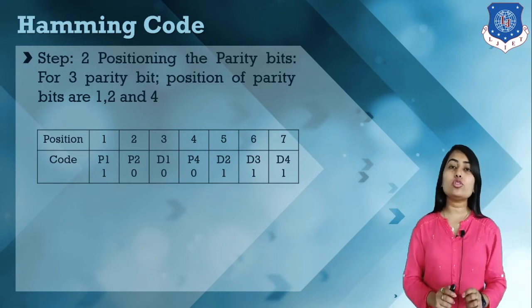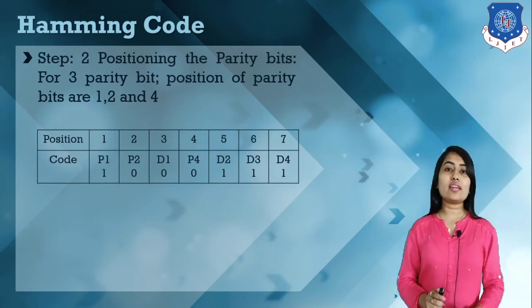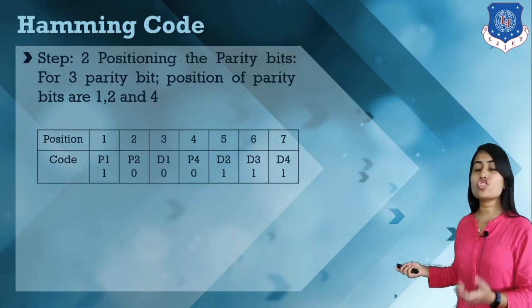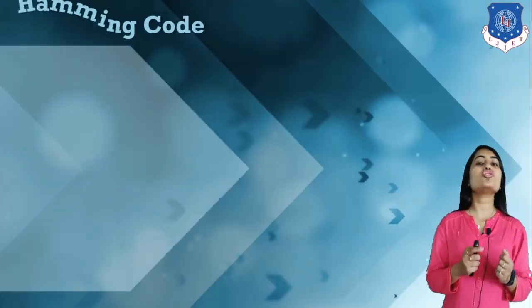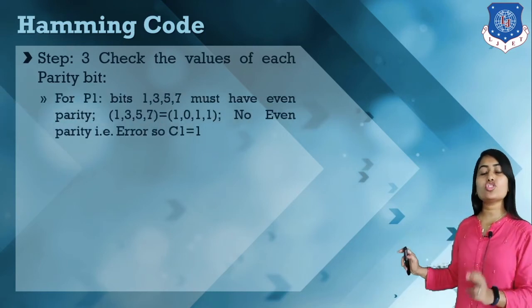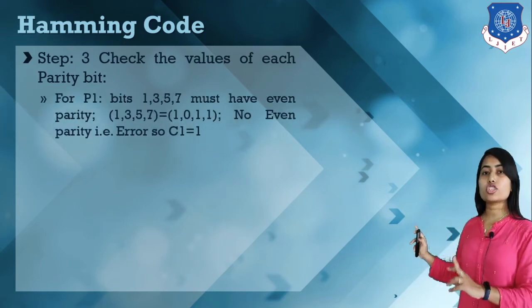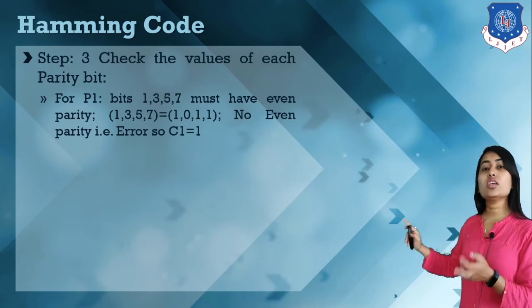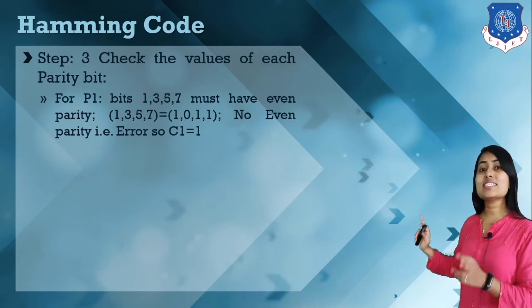Here we have to check at which location the error occurred, so we have to check the parity bits. For P1 we check locations 1, 3, 5, 7, which must have even parity.